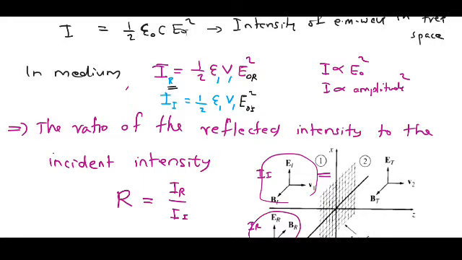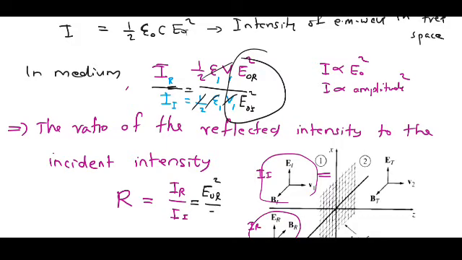Therefore, if I take the ratio of those two quantities, these terms will cancel out. Finally, the remaining things will be E0R square divided by E0I square.